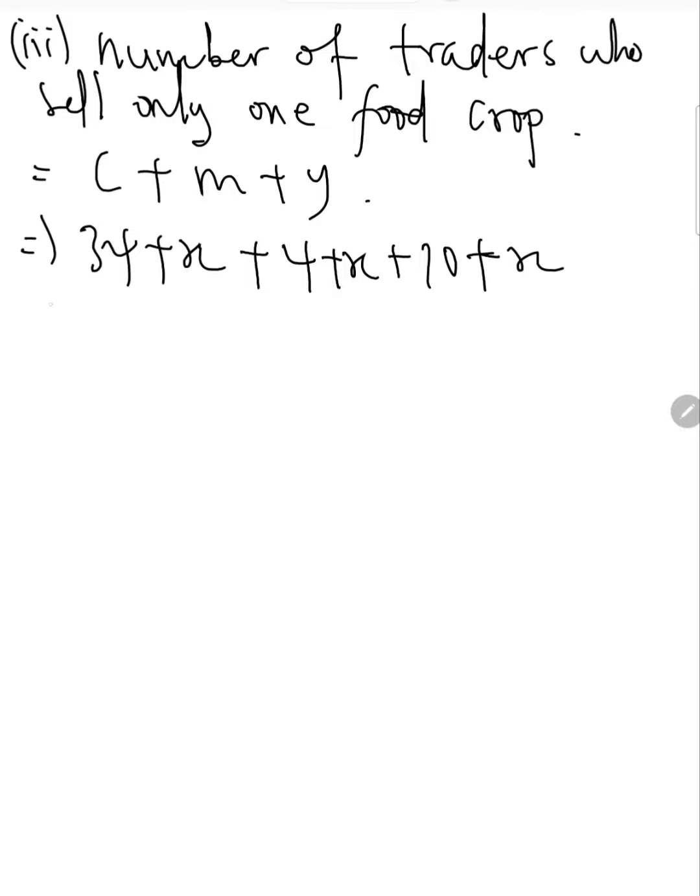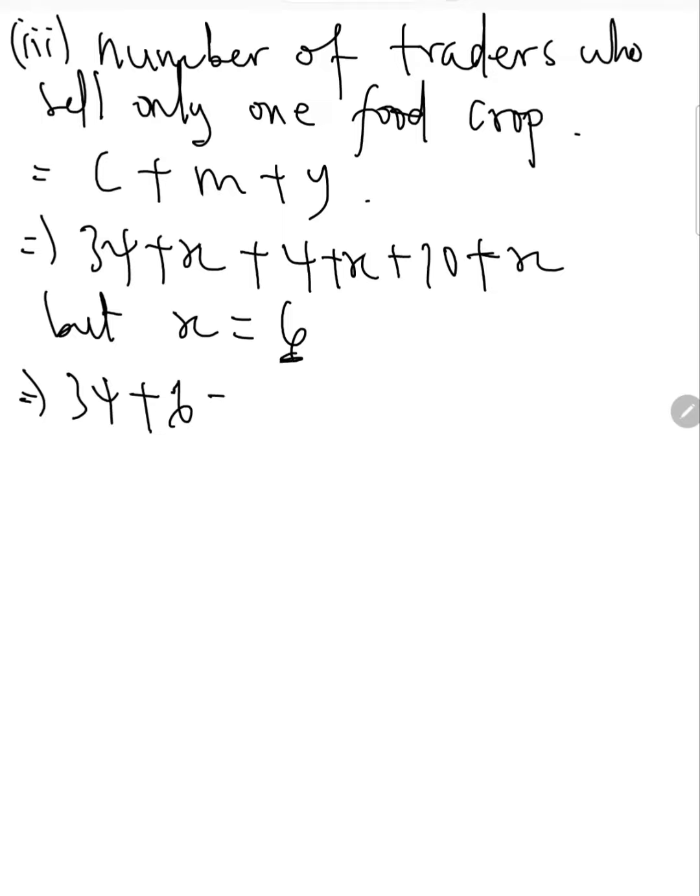Okay. But don't also forget that in II, we found the value of x to be 6. So this implies we have 34 plus, instead of x, we substitute 6.